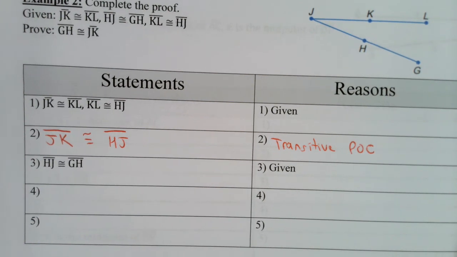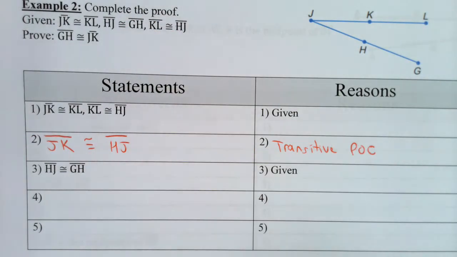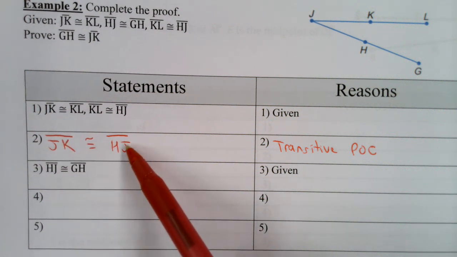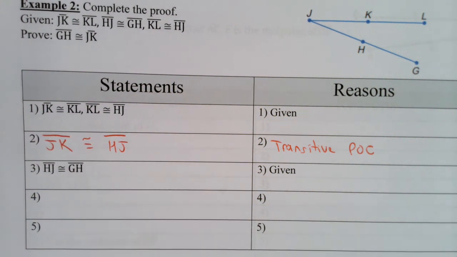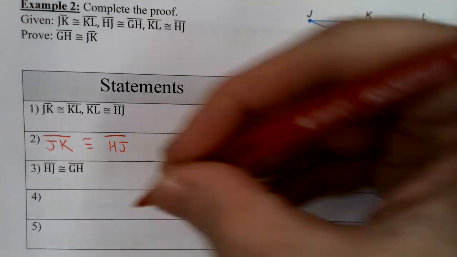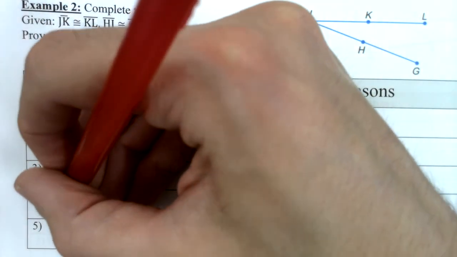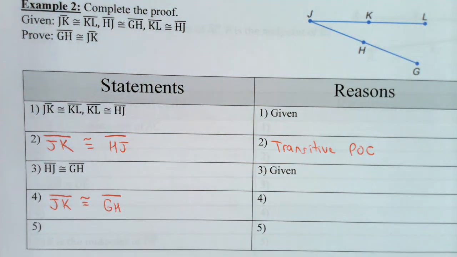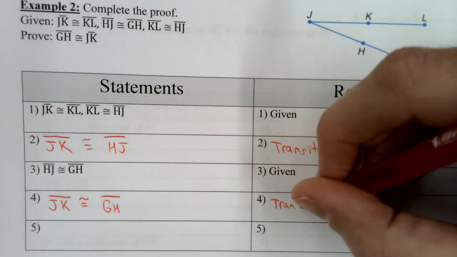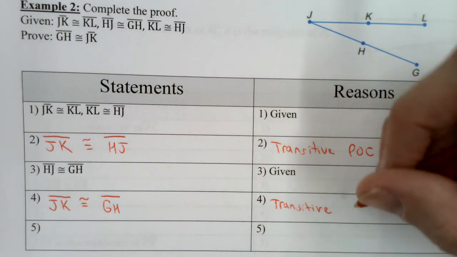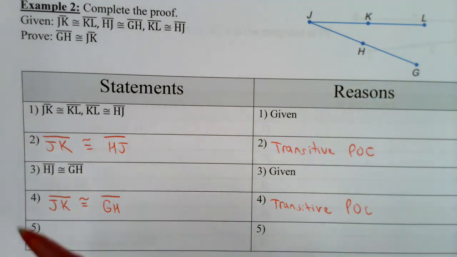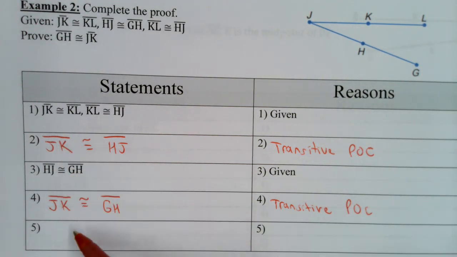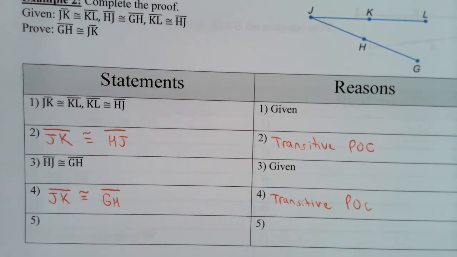Now you'll see why the other piece of given information was put in step 3, because look how it flows. JK is congruent to HJ, and HJ is congruent to GH. So JK is congruent to GH. Again, that was the transitive property of congruence.